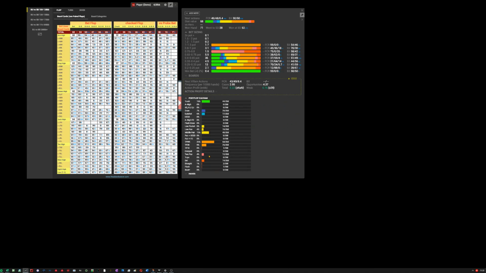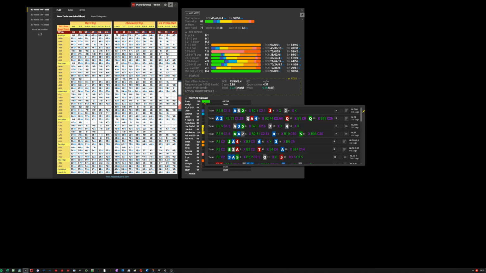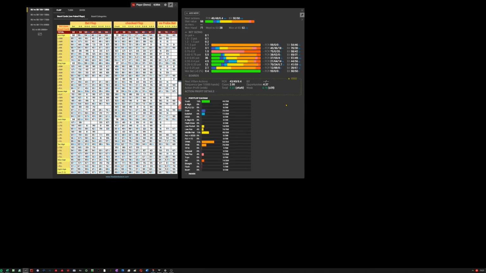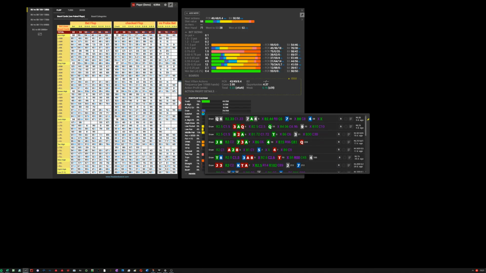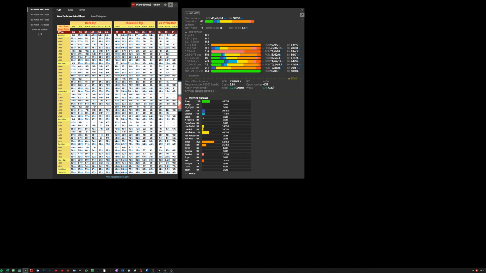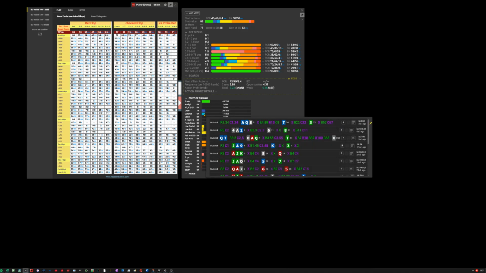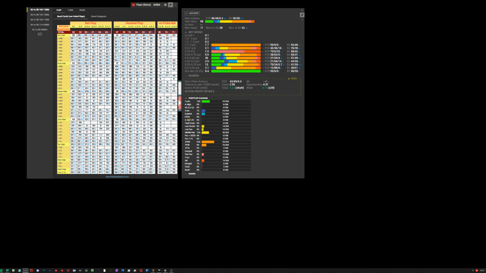You can see how often this 68% c-bet is containing trash, like this here. You can see how often this is a draw. Or a gut shot. An open-ended straight draw. Or some other filterings.